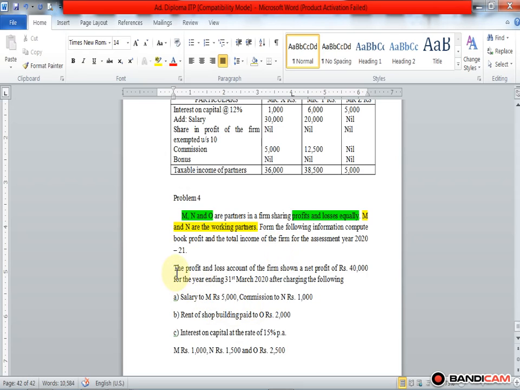The net profit shown as per the profit and loss account of the firm is rupees 40,000.